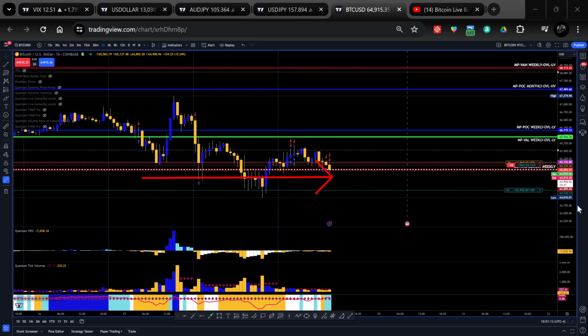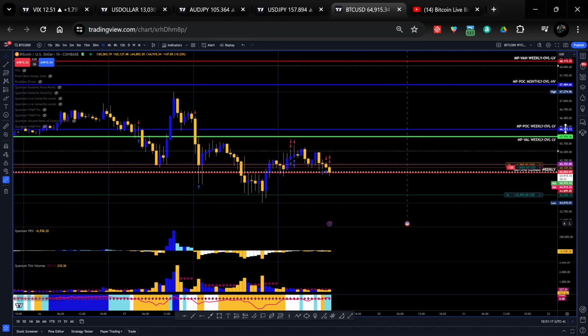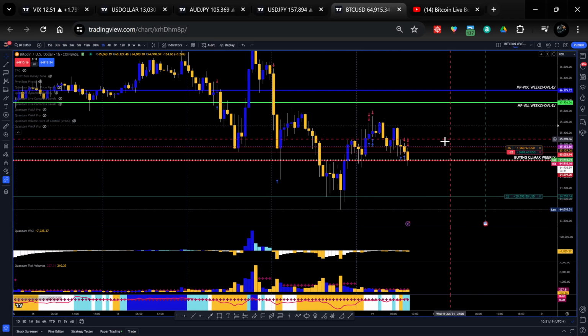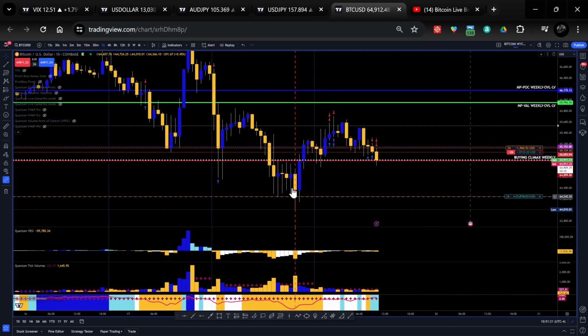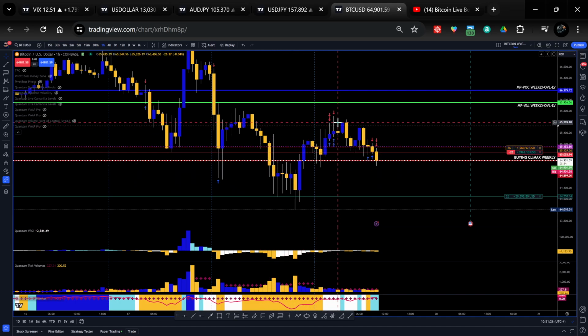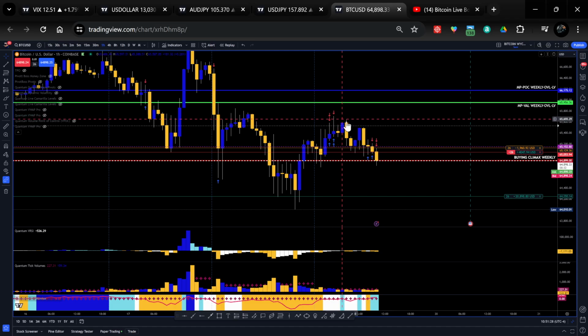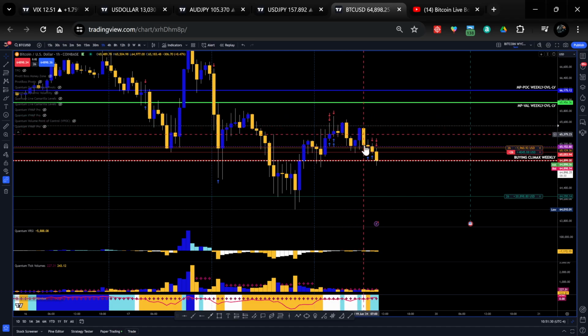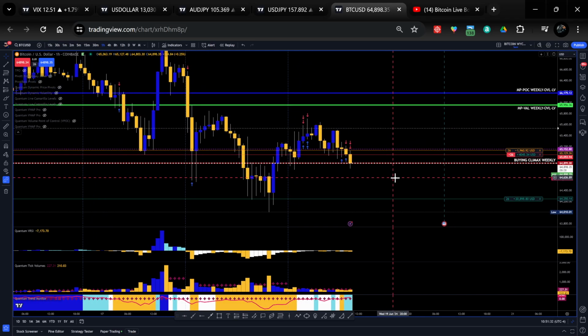So as you can see right now, I'm in a paper trade, and it's actually short right now. I was looking for a reversal here off of this course that was built, and we had this push up, but now we got this lower high, no continuation, and follow through to the downside, right?